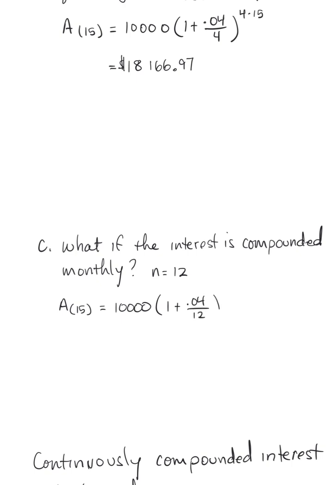Now it's going to be compounded 12 times a year, and the exponent is going to be 12 times a year times the 15 years that it's in the account. So what's the growth going to be? What's the $10,000 going to grow into after 15 years? I'm getting $18,203.02.